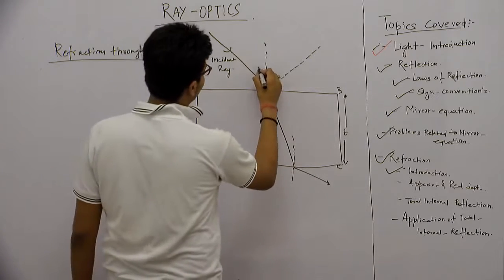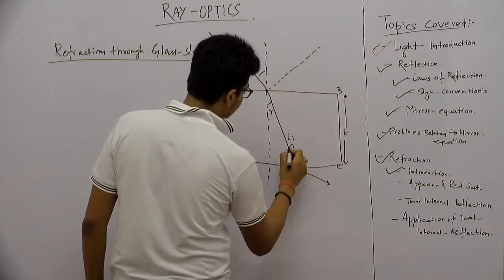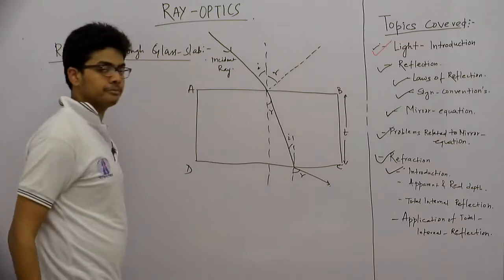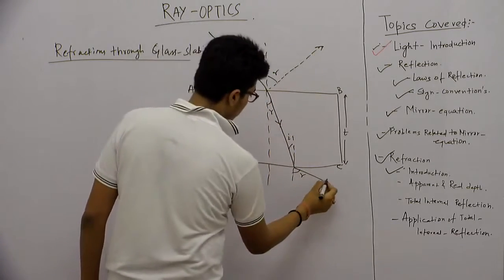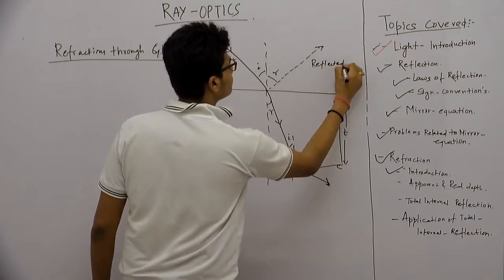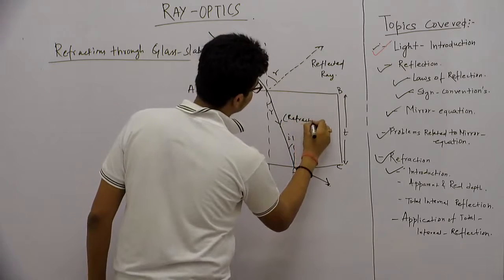So here is the angle of incidence, here is the angle of refraction, here again the angle of incidence, here the angle of refraction, here the angle of reflection. This is the reflected ray, this is the refracted ray.